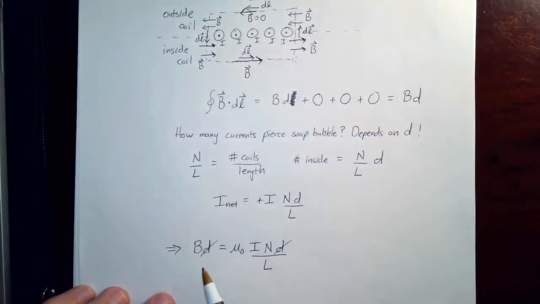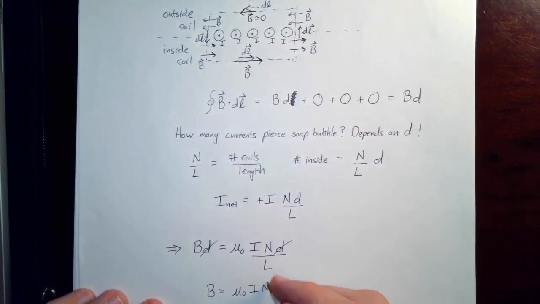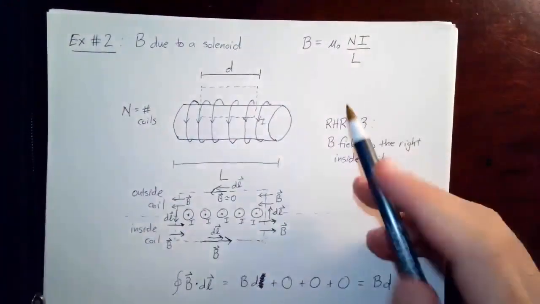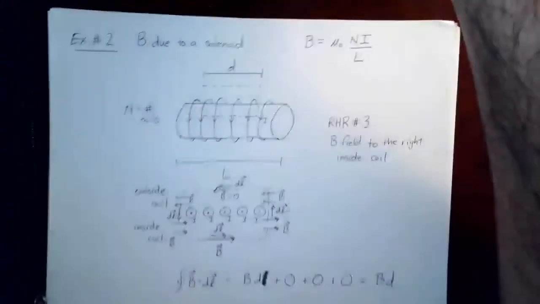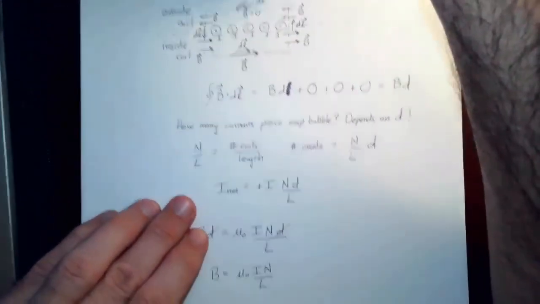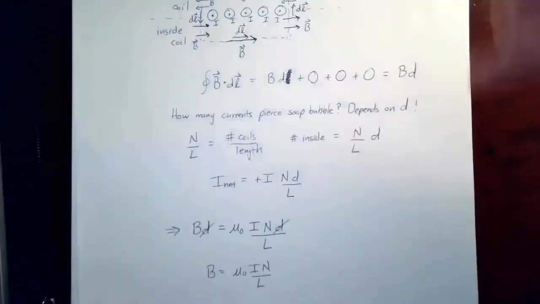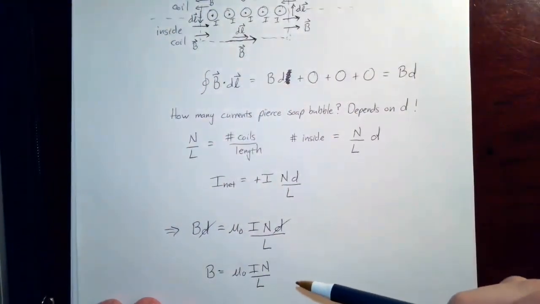So you can see that we're left with B equals mu naught I N over L, which is what we were expecting. Okay, so Ampere's law checks out for the solenoid as well. And again, this is a much simpler calculation than using the Biot-Savart law.